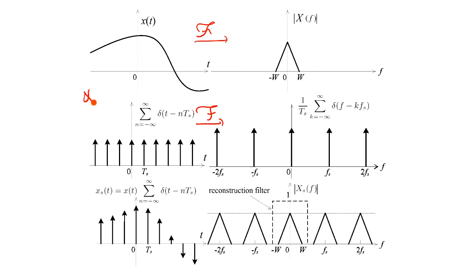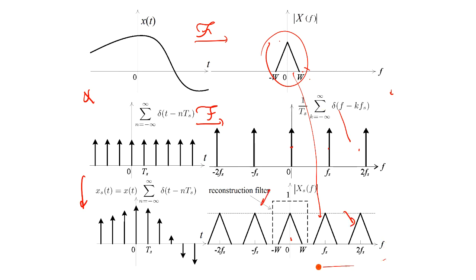Because you multiply these signals in time to get your samples, here you have to convolve them. When you convolve this one with this one, it gives you this pulse. This one, when you convolve it with this one, you get this signal shifted and a replica here. This one will be convolved with this one, shifted and replicated here.